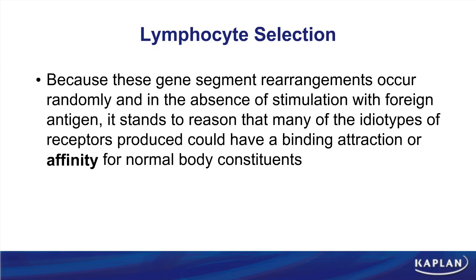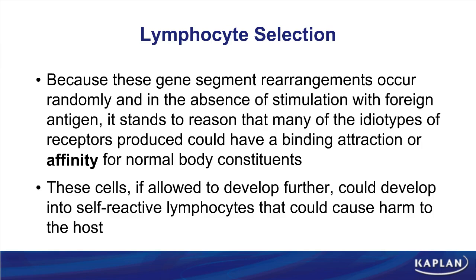Because of the randomness of those rearrangements, you have to assume that there are going to be numerous receptors that are going to recognize self. And when I am recognizing self, I have to be able to determine which cells are self-reactive and, to the best of the ability, destroy as many of those cells before they escape from the bone marrow.